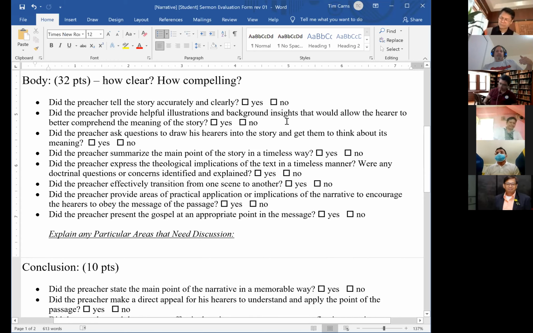Especially in the Old Testament, you're going to be dealing with cultural things that might not make sense to your hearers, so you want to illustrate by explaining what those things are. In Ruth chapter 4, when they take the shoe off to make that agreement, what was all that about? And why did Boaz go to the city gates?